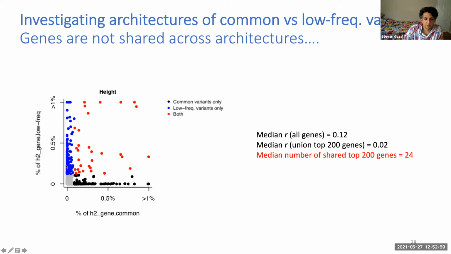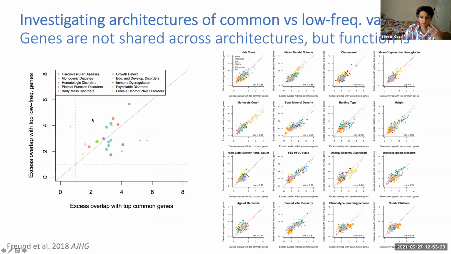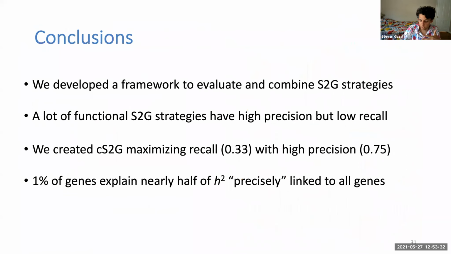We thought, maybe it's just because we're missing power, and this number is just noise because the sample size and the power to detect effects for low frequency variants is smaller. But what we observed is that this set of common genes and low frequency genes shared the same function.